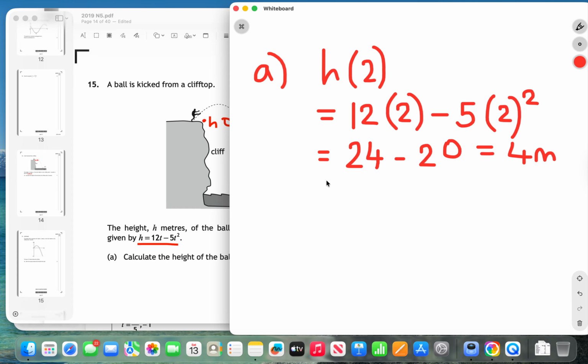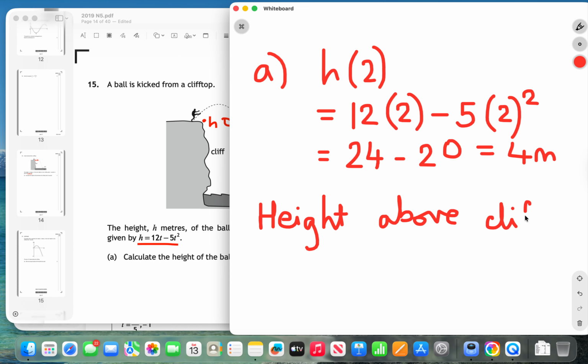So then we want to state explicitly: height above cliff after 2 seconds is 4 meters.